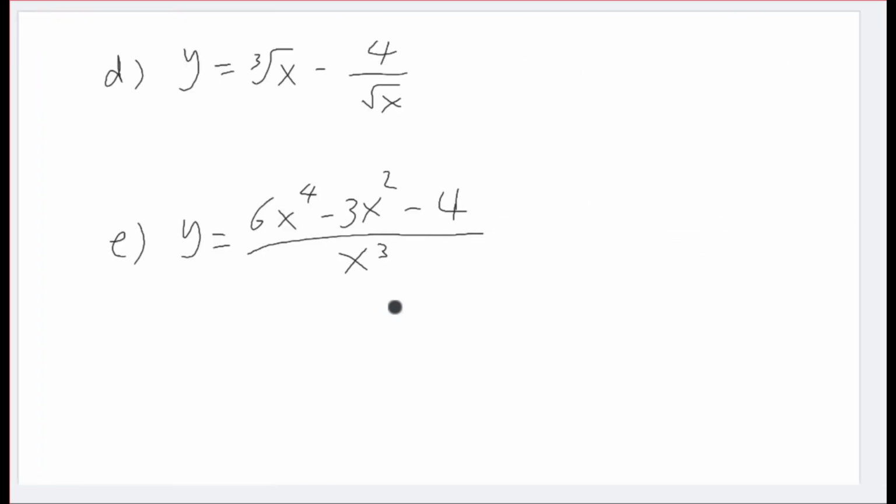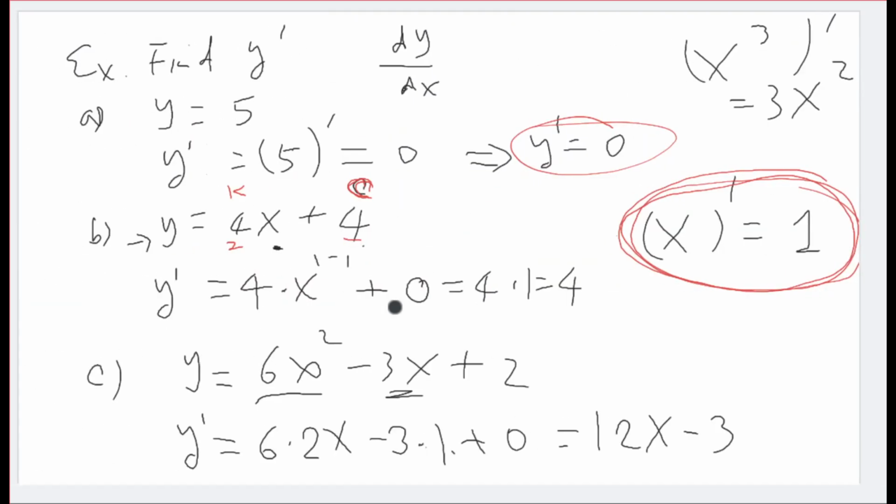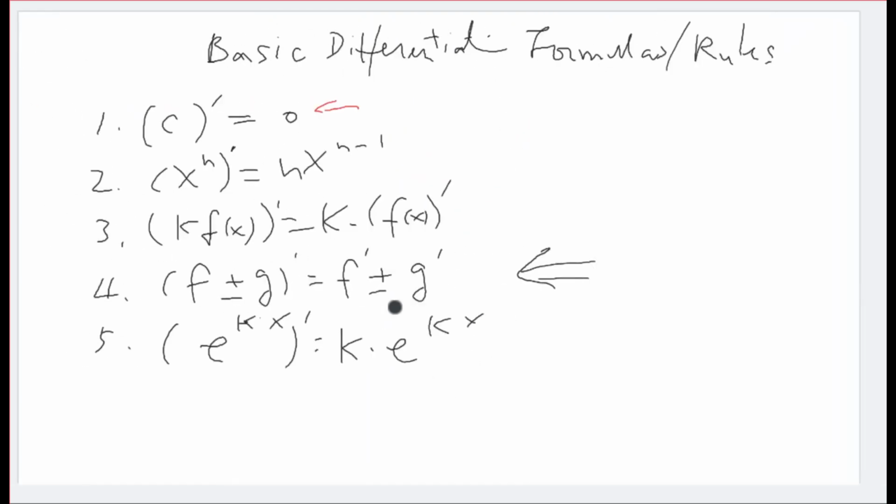All right, I can see more examples. For D, the function y this time is a difference of 2 terms, and neither of these terms looks familiar. Recall the formulas we had: derivative of a constant, derivative of a power. As far as specific expressions are concerned, we have the derivative of an exponential, right?